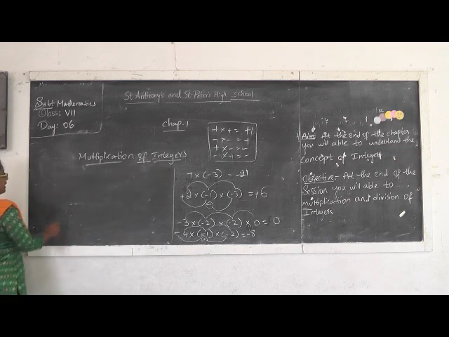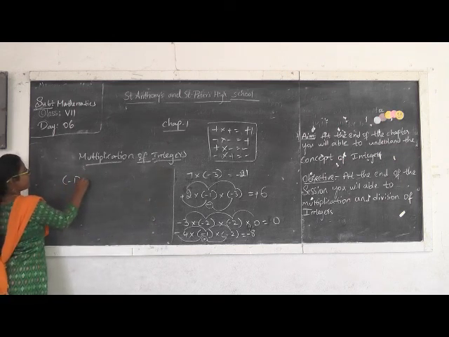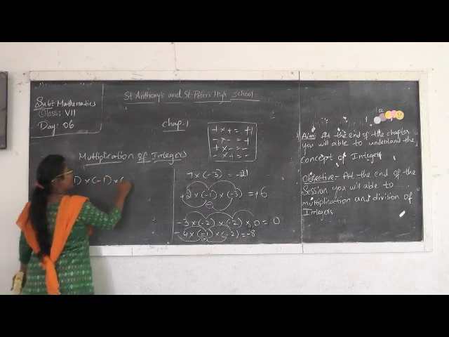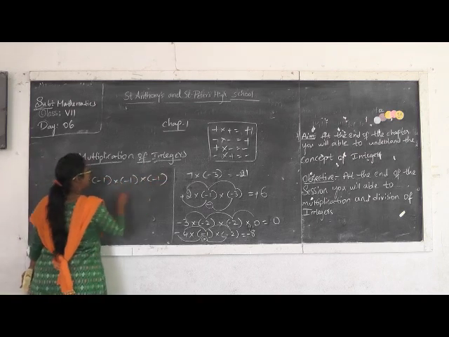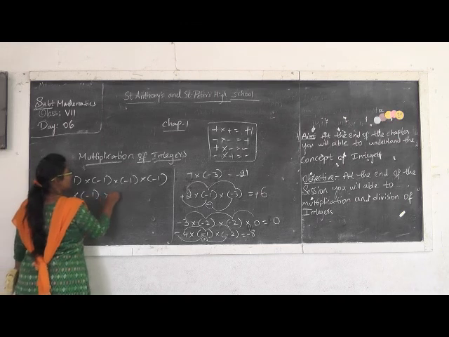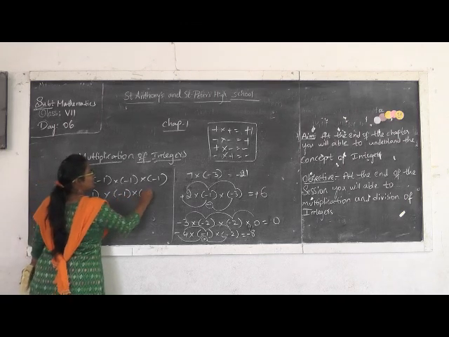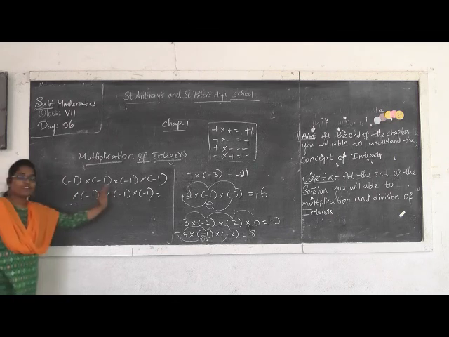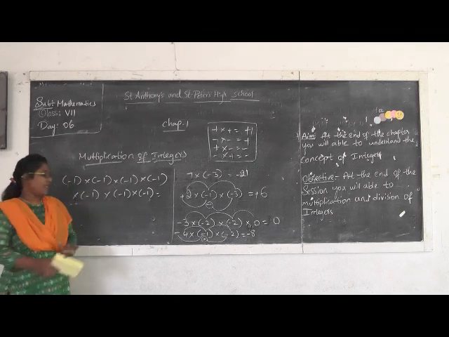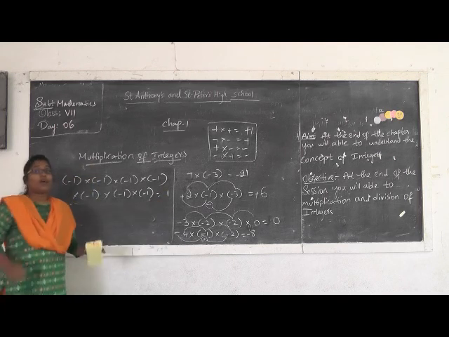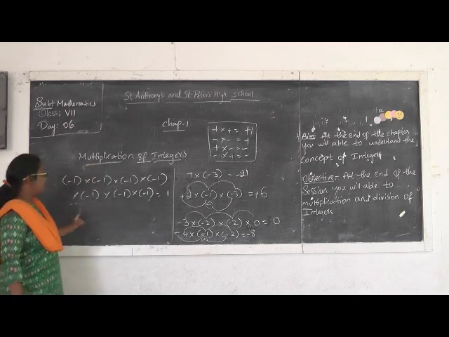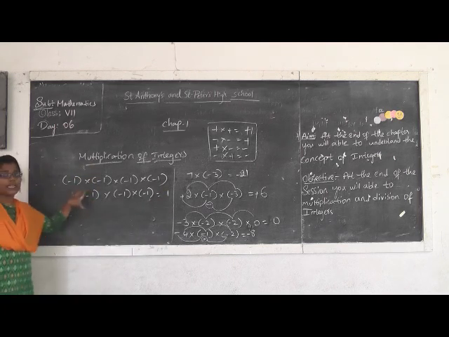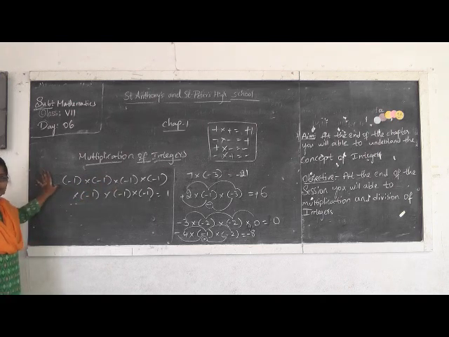So, let me take minus 1 into minus 1 into minus 1 into minus 1 into minus 1 into minus 1 into minus 1. Let us solve this one. First, we know that however many times we multiply 1, the result is 1 itself. So, directly we can write here 1. But what about the symbol? Observe here, we are multiplying all negative integers. There is no positive integer here.